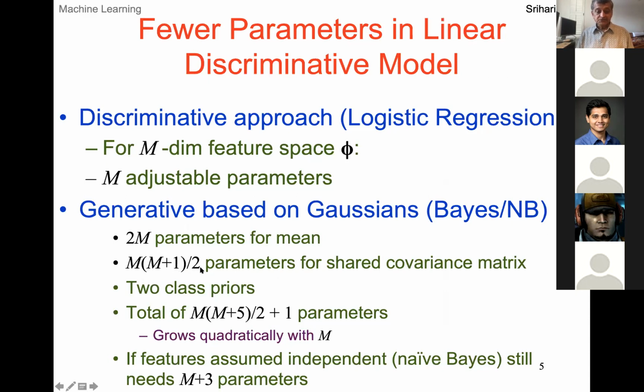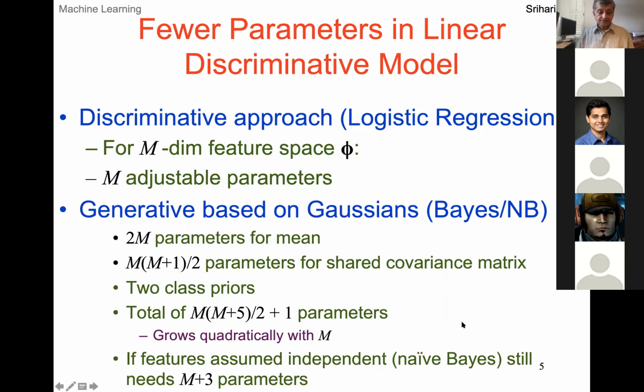We need m times m plus 1 over 2 parameters for a shared covariance matrix. It's an m by m matrix, and of course it's a symmetric matrix, so one side of the diagonal is the same as the other side. That is m times m plus 1 over 2, the number of elements in such a matrix. And we need the two class priors, probability of class 1 and probability of class 2.